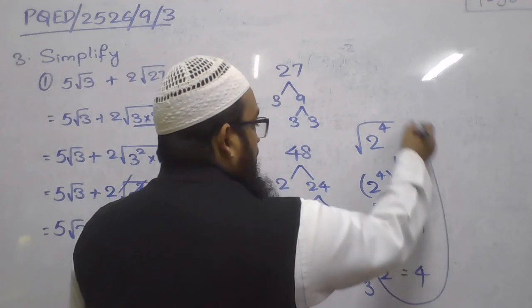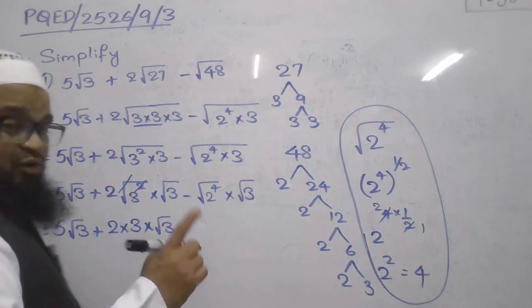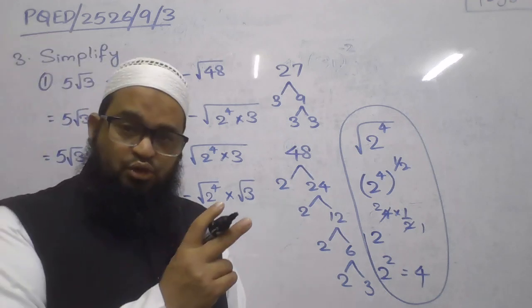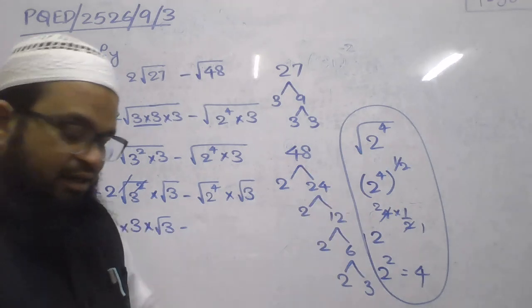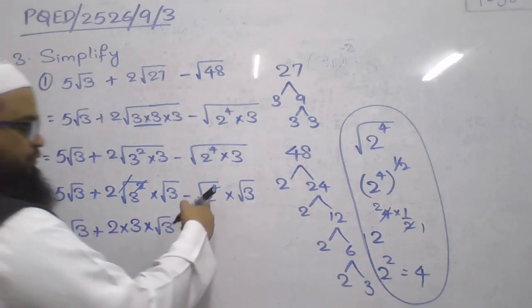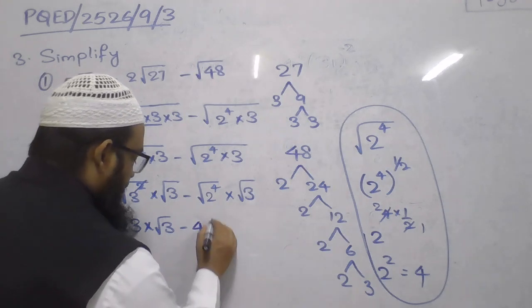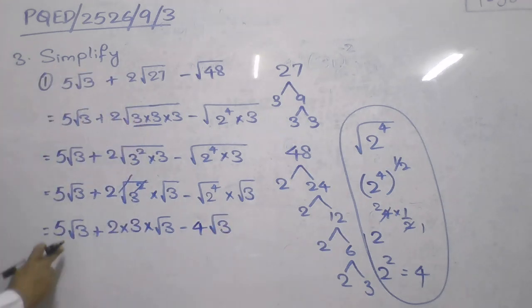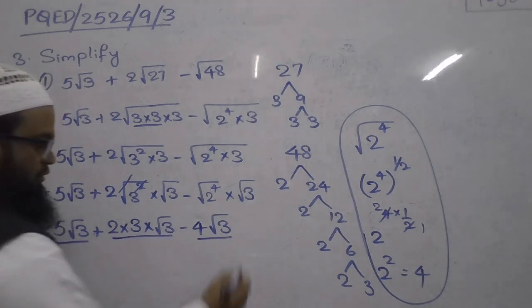Please note it down in your rough. And when you do problems, if it comes for 2 marks or 3 marks, you have to write this also and highlight it. Now, the square root of 2 to the power of 4 is 2 square, which is 4. Now you see everywhere, this is also a root 3 term, this is also root 3, this is also root 3.